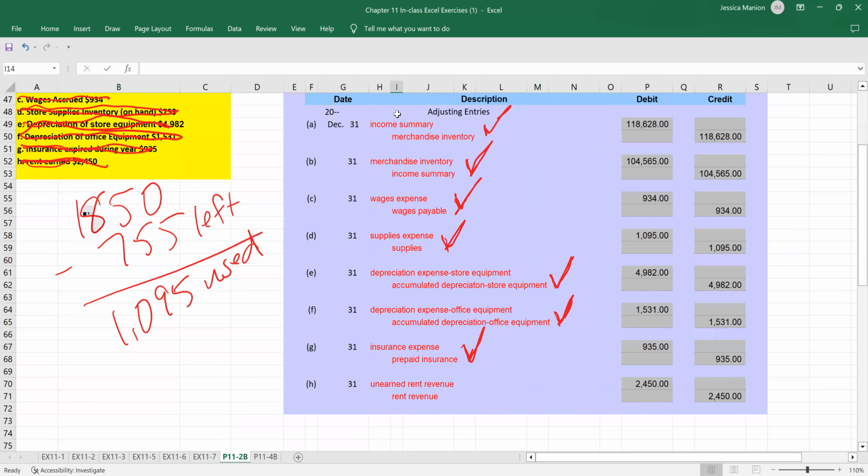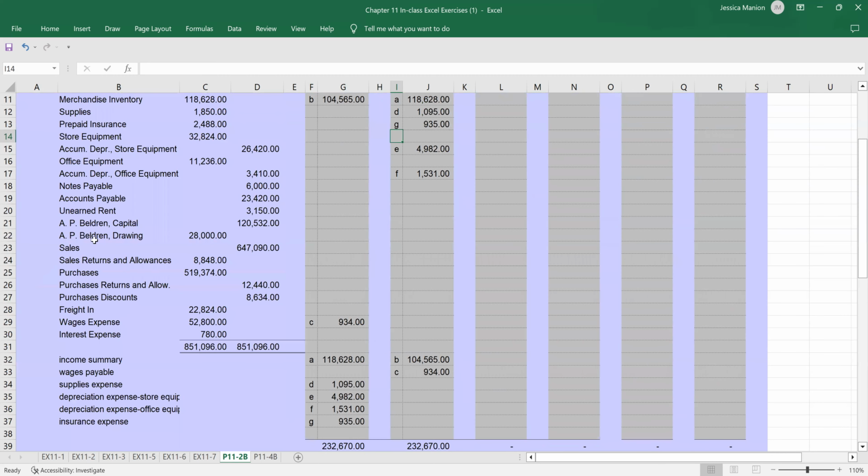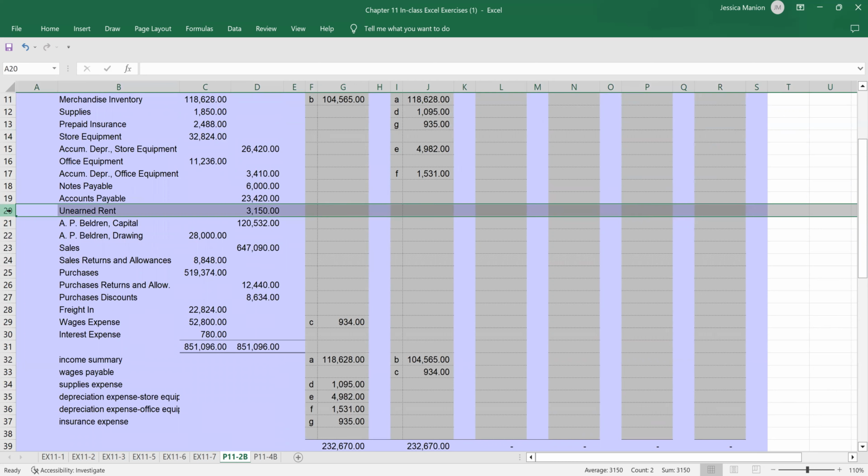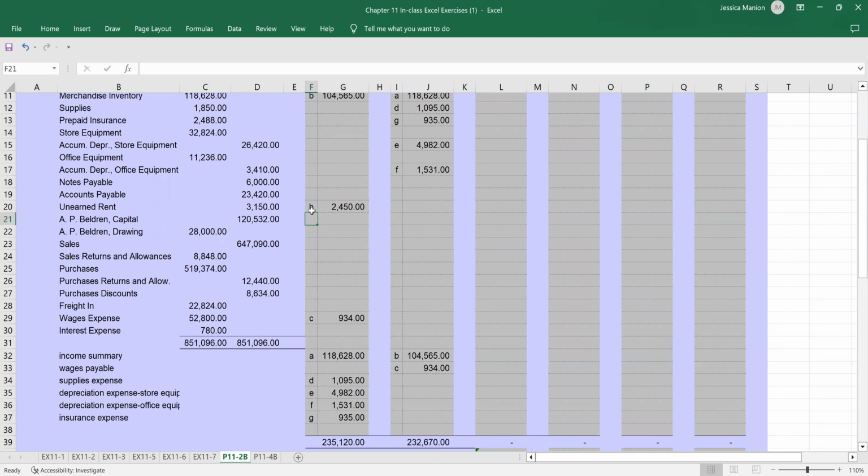And then lastly is the unearned rent revenue adjusting entry. So we need to debit unearned rent revenue for 2,450. If we scroll up here, we've got this unearned rent revenue account. So we need to debit it, 2,450.